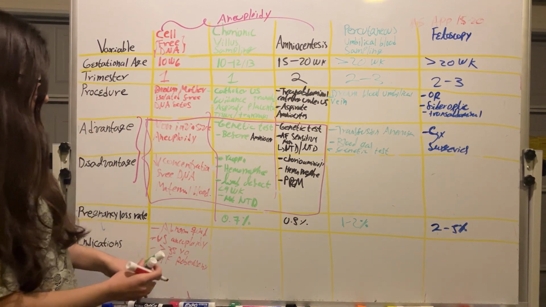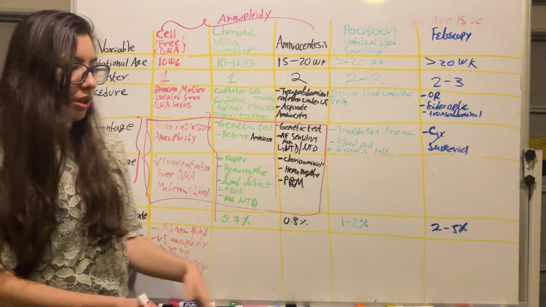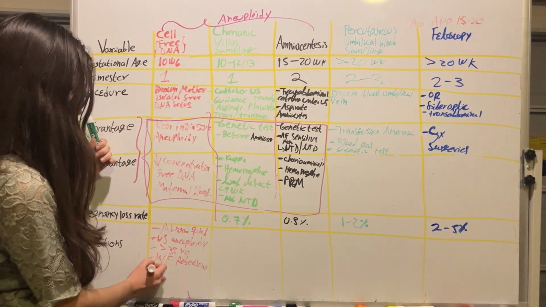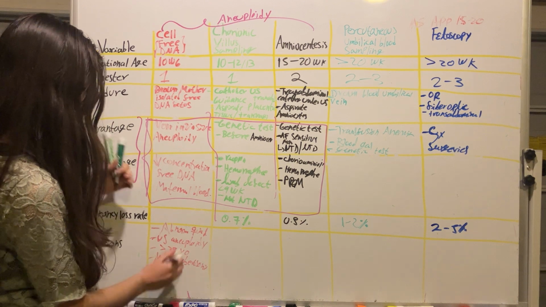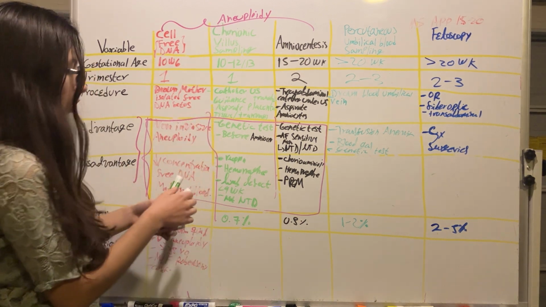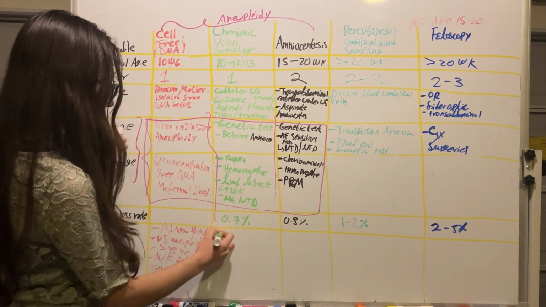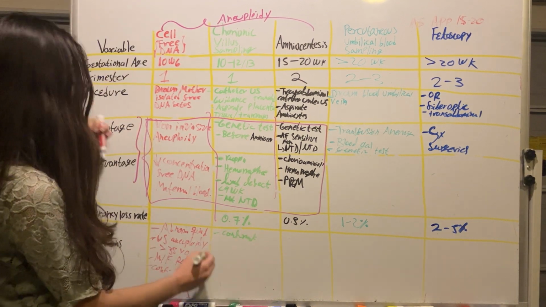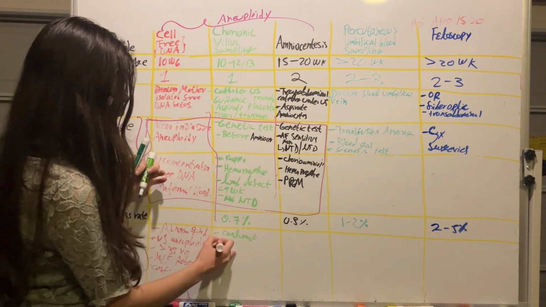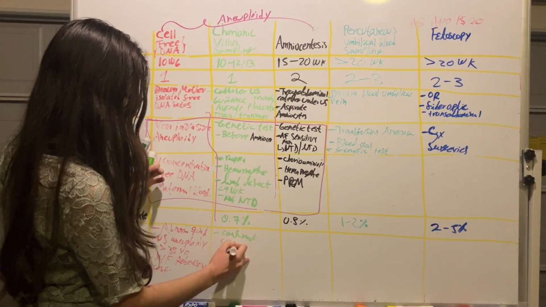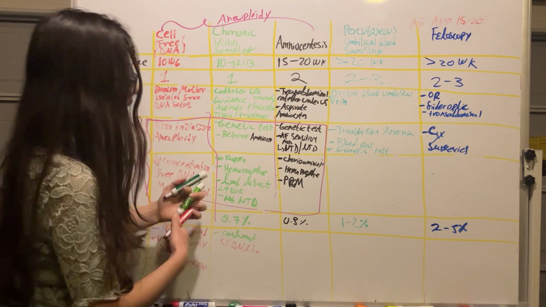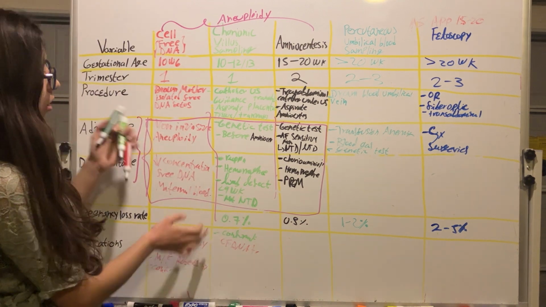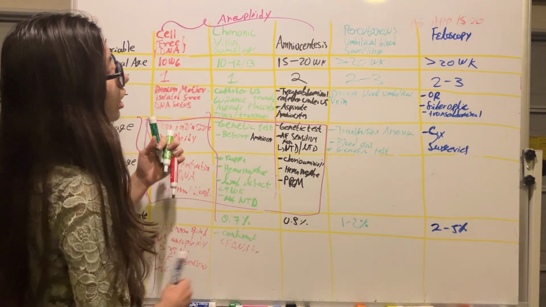Even if this test is positive, we need to confirm the test with chorionic villus sampling. So indication is confirmation of cell-free DNA testing, or we confirm the cell-free DNA test with amniocentesis.